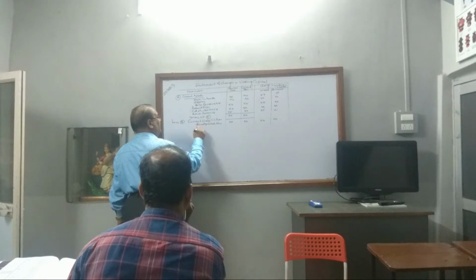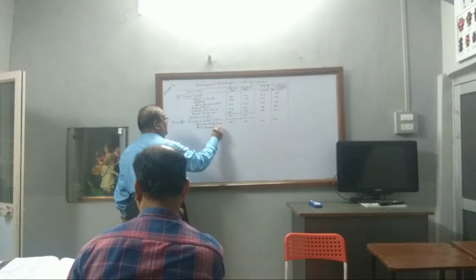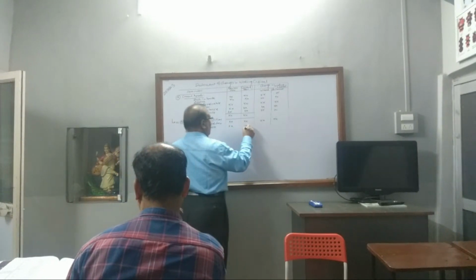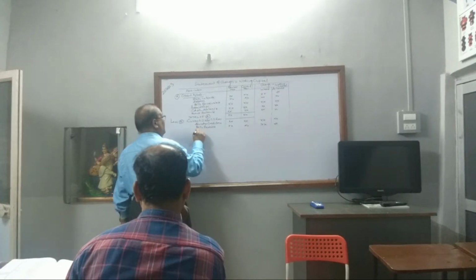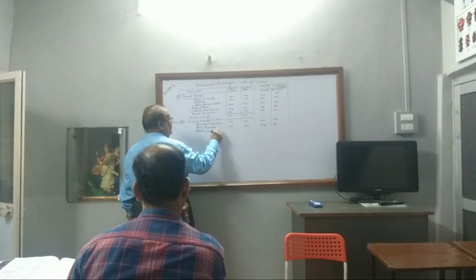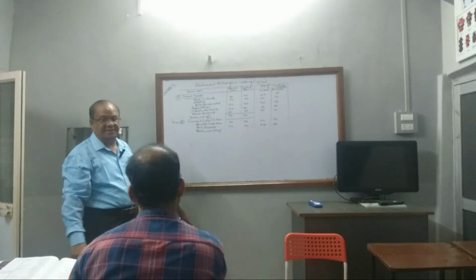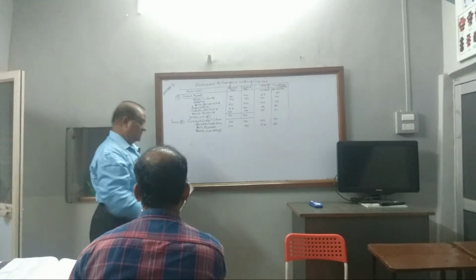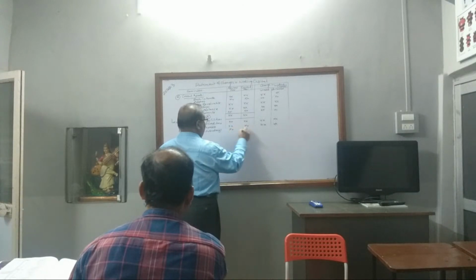Then after that, bills payable will be there. Then increase, decrease. Then bank overdraft. You must take their current liabilities and current assets.